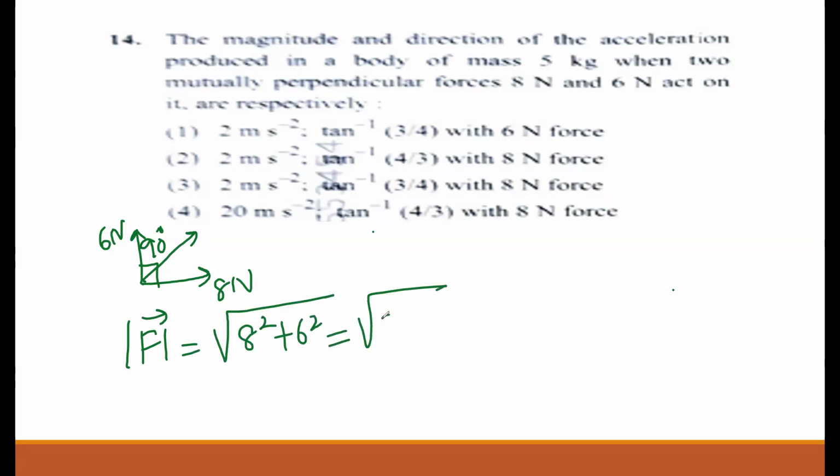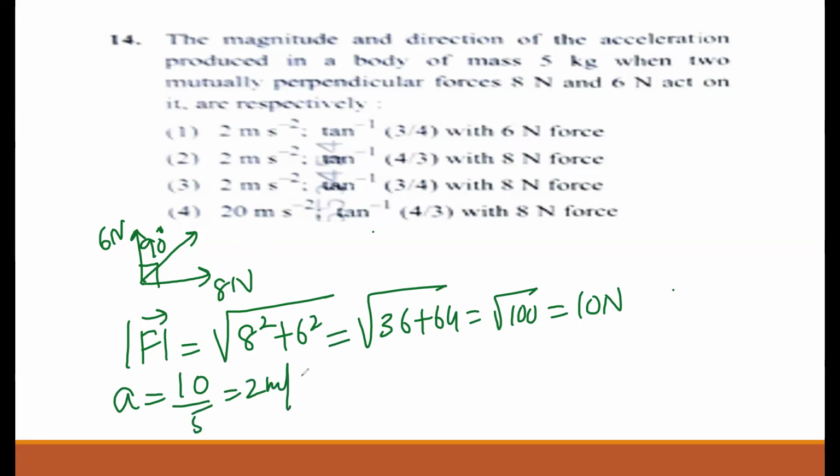So that is 64 plus 36, root 100, and that is 10 Newton. Directly you can write using a Pythagorean triplet. But here it is acceleration which is asked. Acceleration according to Newton's second law is force by mass, that is 10 by 5. So that is 2 meter per second square.